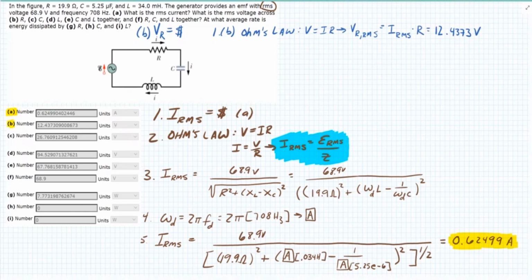Now, same exact thing for the voltage drop across the capacitor. Part C is saying, what is this voltage drop across the capacitor? That's the dollar sign. Part C, I guess that same numbering, says Ohm's law.